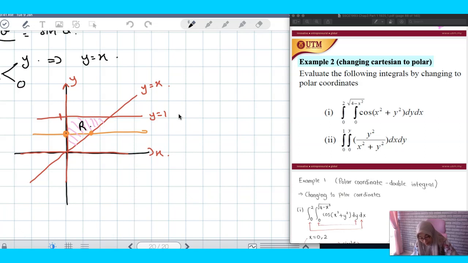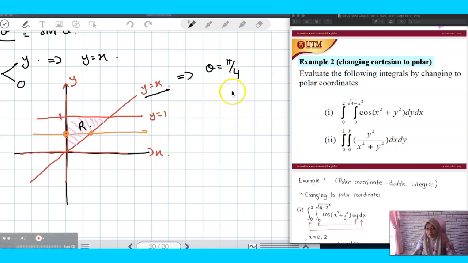The equation that we have is y equal to x. As I showed you before, y equal to x will convert into theta equal to pi over 4, which is theta equal to 45 degrees. So now we know that you have theta pi over 4. Then what else do we need?